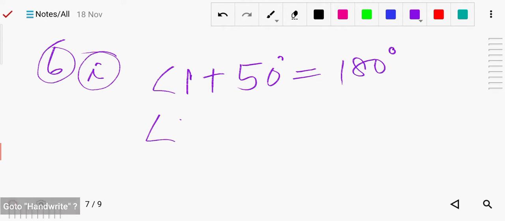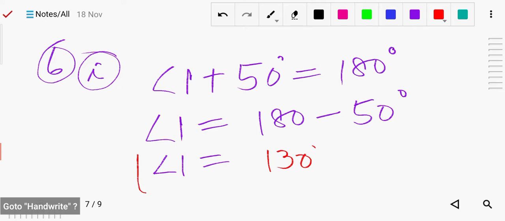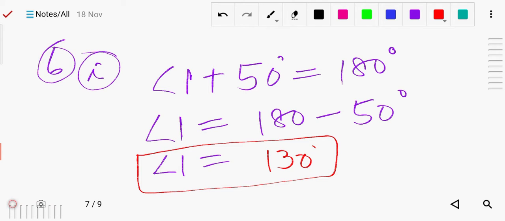Understood? So angle 1 equals 180 minus 50 degrees, which is 130 degrees. So we got angle 1 is 130 degrees.